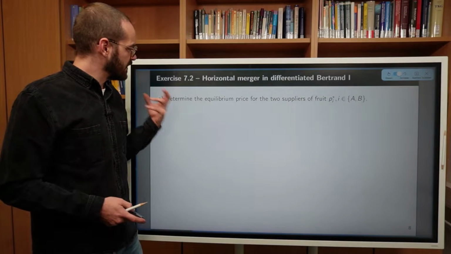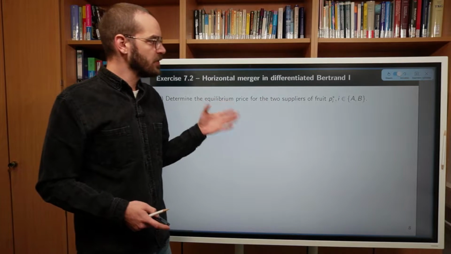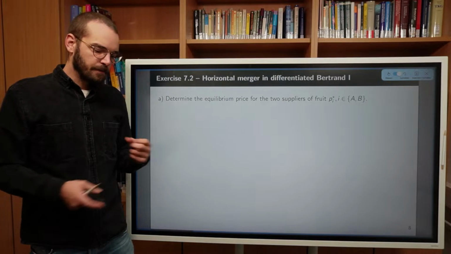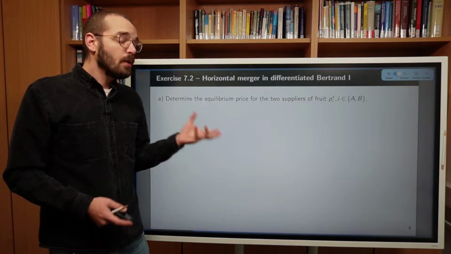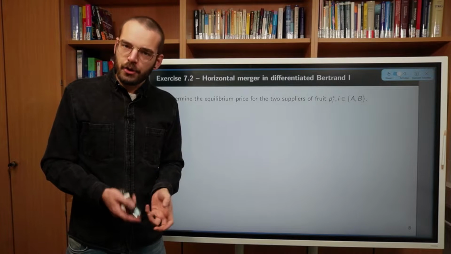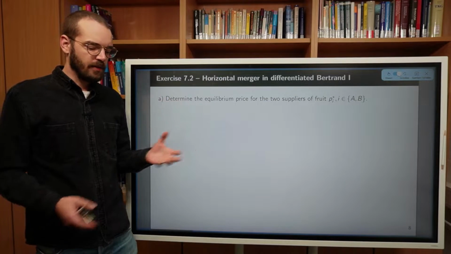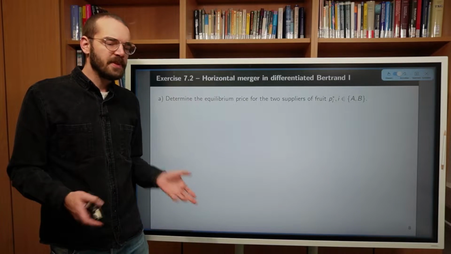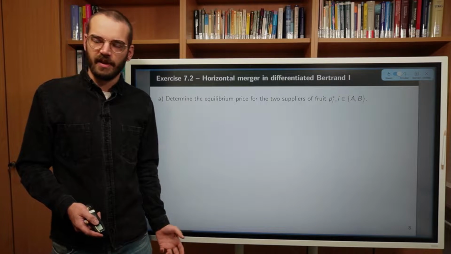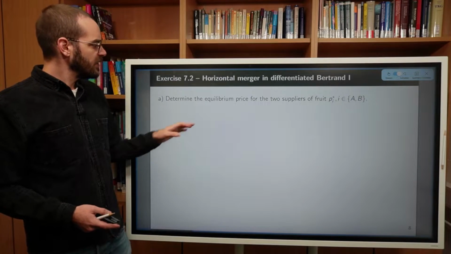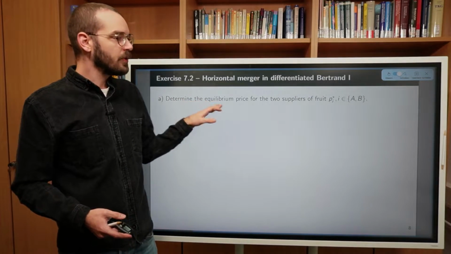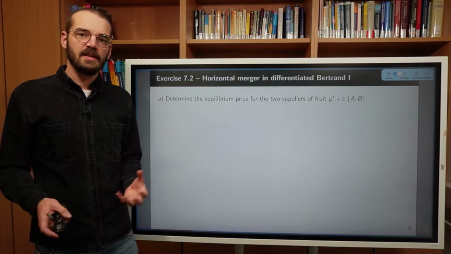Now, how do we find the equilibrium price for the two suppliers for fruits? Well, we actually already have all the tools we need to solve this problem, even though this is a new competition model that we have not seen so far. Because what we need to find an equilibrium is best responses, right?